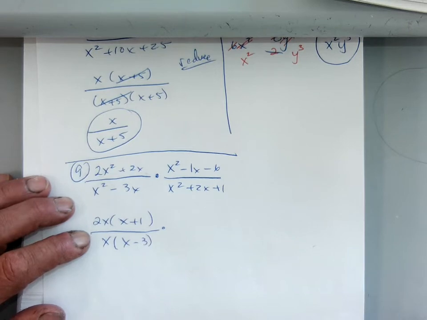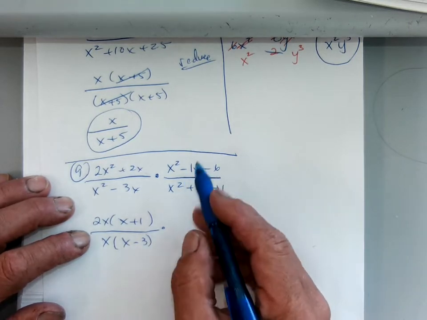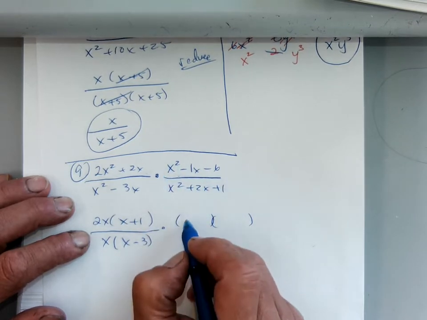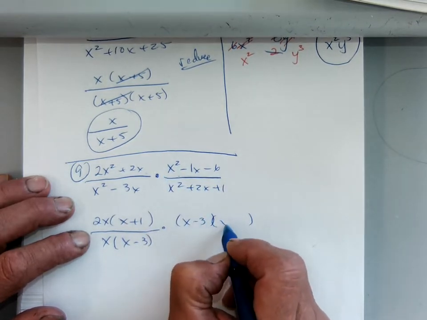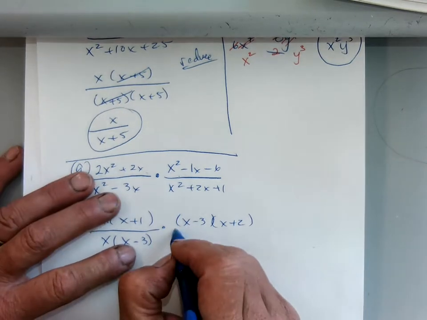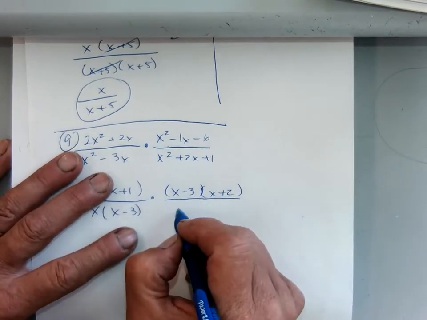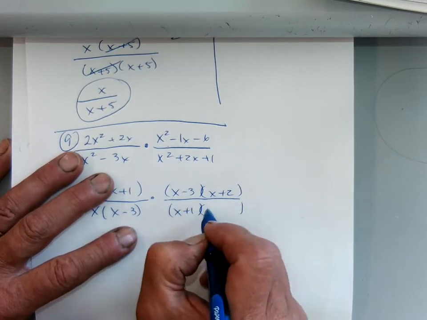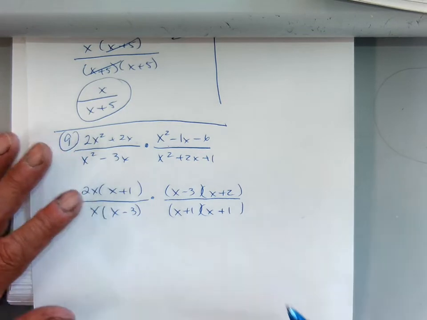Times the numerator of the second fraction, I'll factor x minus 3, x plus 2, because those will multiply to make a negative 6, but add to make the middle term of negative 1. And then factor x plus 1 times x plus 1, because 1 times 1 is 1, and 1 plus 1 is 2.